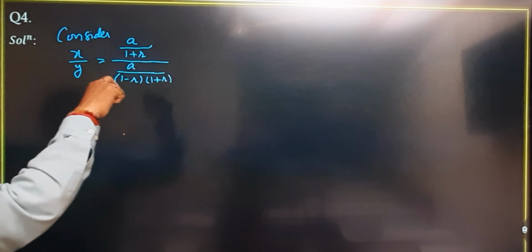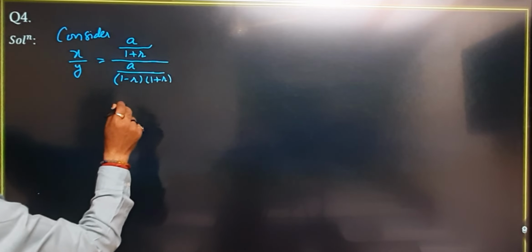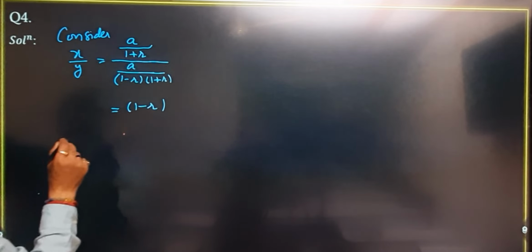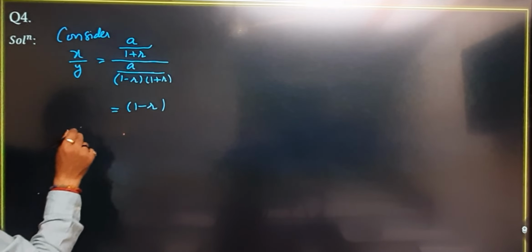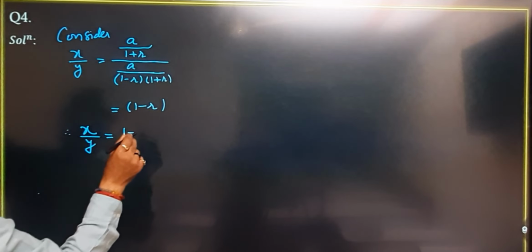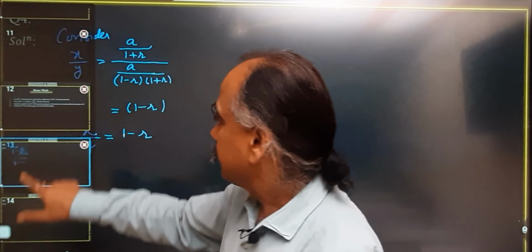Now a upon 1 plus r will get cancelled, and 1 minus r will go up. It is 1 minus r. Therefore, X upon Y is 1 minus r. So this was the proof of the first part. We proved the first part.